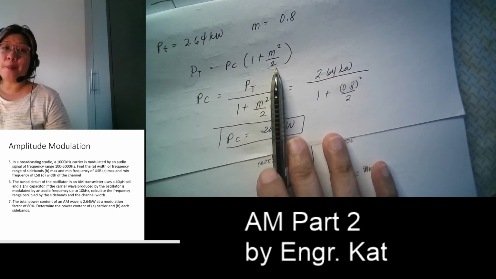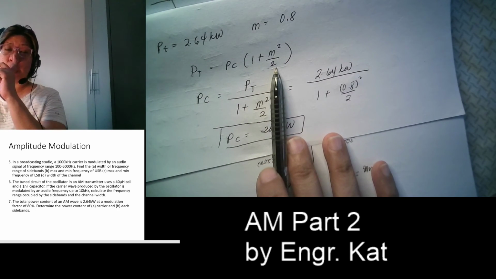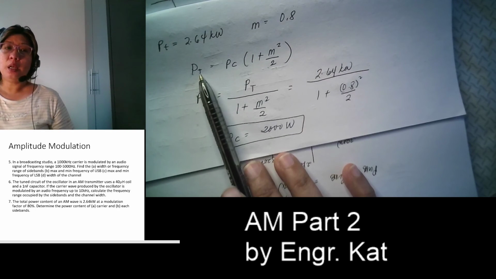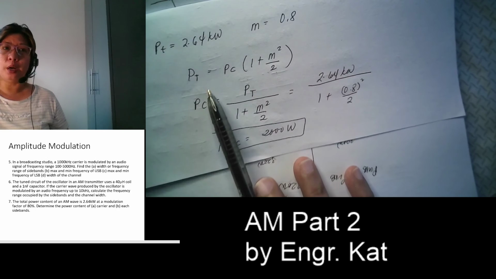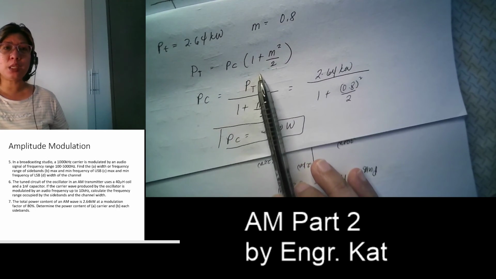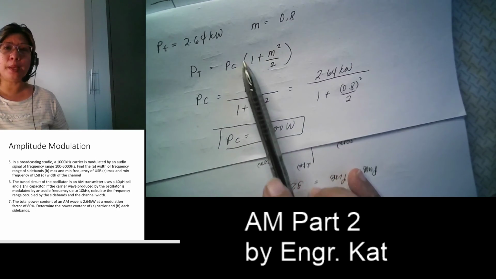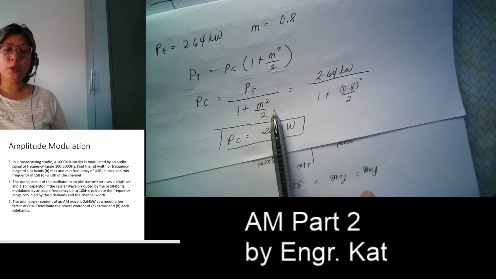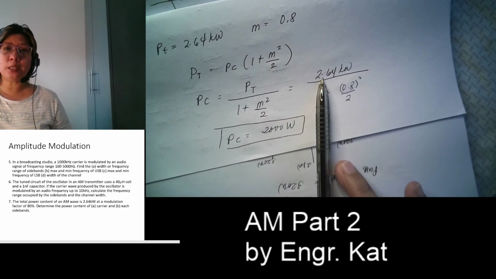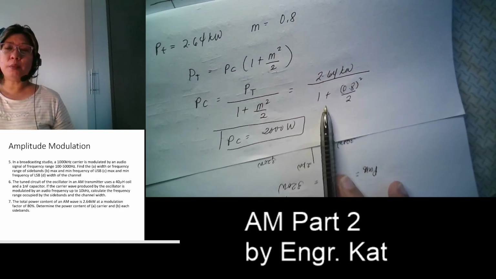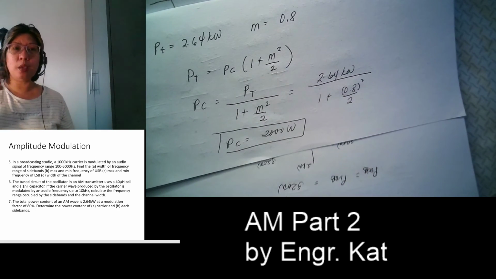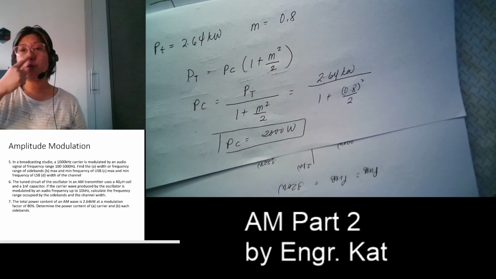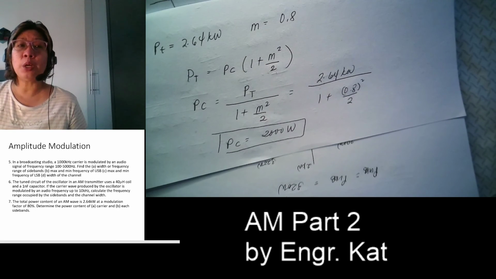This is just a direct substitution, but in this case, we are given the total transmitted power, so we need to solve for the carrier power. So the carrier power is simply the transmitted power divided by 1 plus m squared all over 2. Substituting that, 2.64 kilowatts divided by 1 plus 0.8 squared all over 2. So that will give you a carrier power equivalent to 2000 watts.